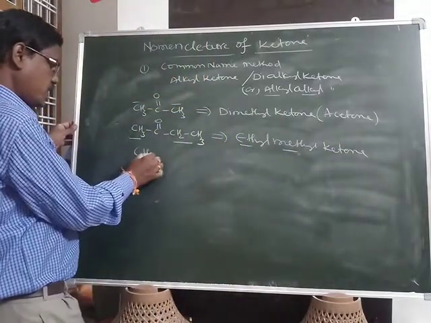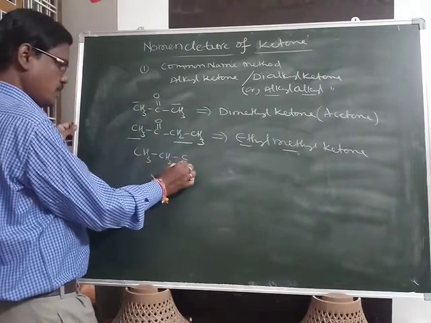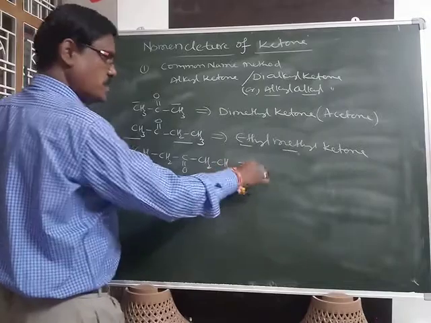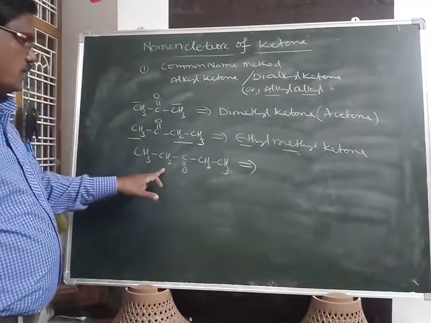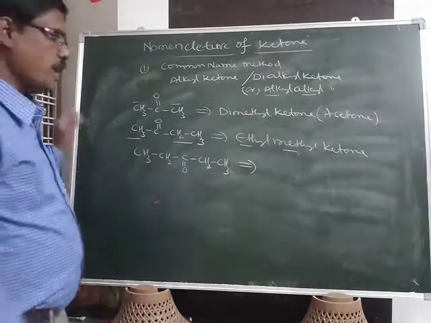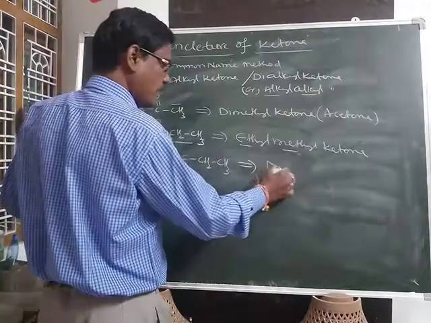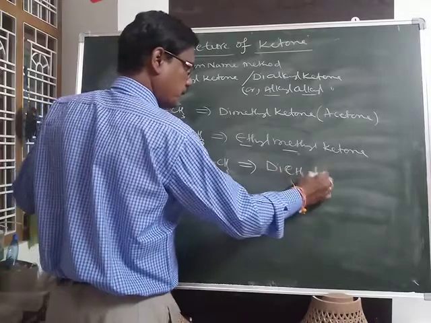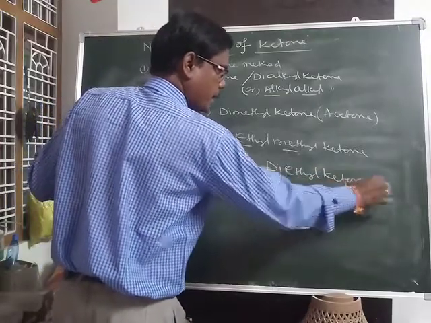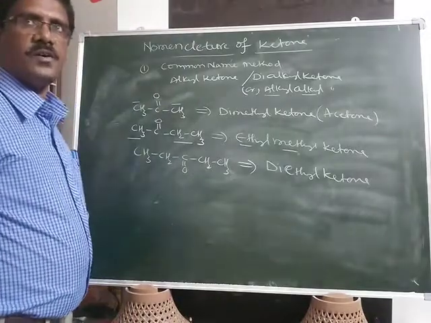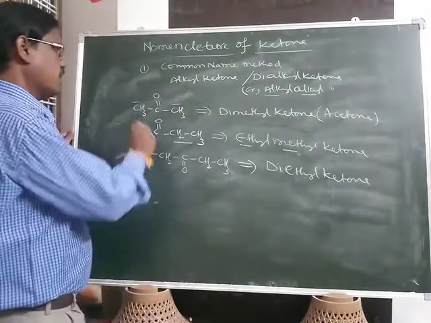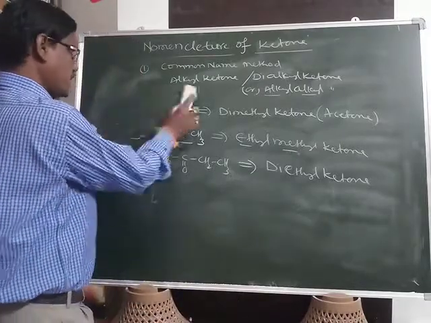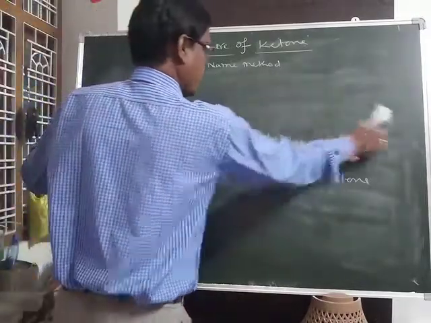Next one, CH3CH2, C double bond O, CH2CH3. This one is ethyl and ethyl, two times, and that's why it's called diethyl ketone. Okay, this one is completed, the common name. And the second method is the IUPAC name.